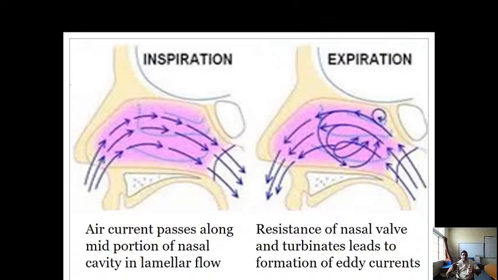So during inspiration, the air from the sinuses is being sucked into the nasal cavity, whereas during expiration, as I told you, there is a nasal valve which stops the air and produces turbulence, and this turbulent air slowly finds the ostia, the openings of the sinuses, and through that the air goes into the sinuses.